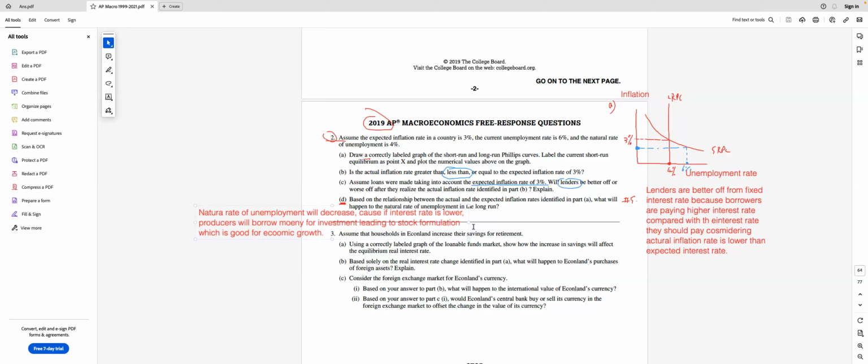And the second question we did is about economic growth. Once again, the most important part is about the lower interest rate and long-run economic growth. If the interest rate has been lowered, they borrow more money to do investments. That is good for long-run economic growth.